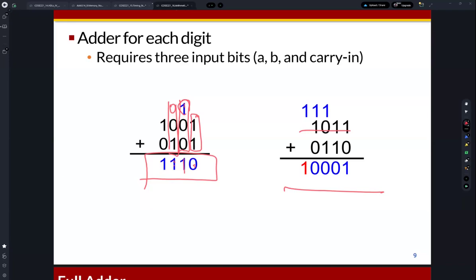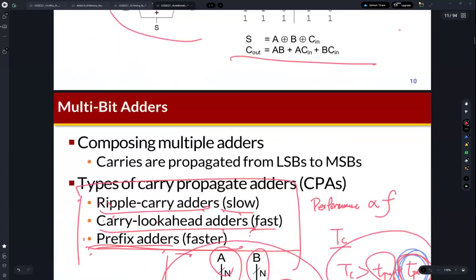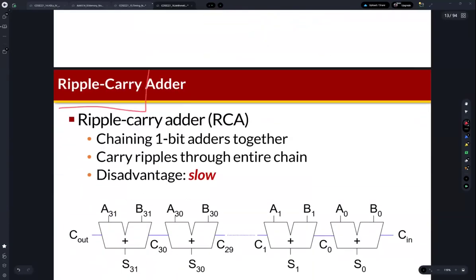You can observe that addition starts from the LSB, and then it is propagated to the next digit, next bit, next bit, until the MSB, the leftmost bit.